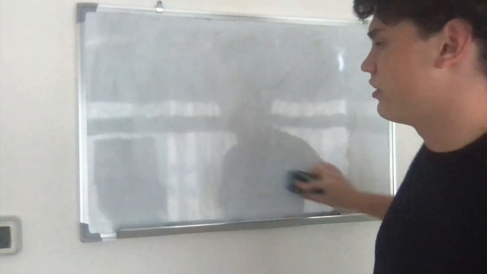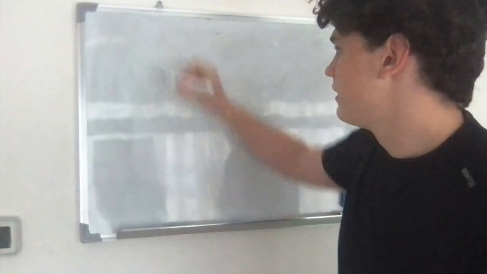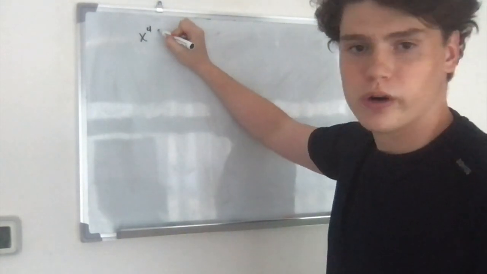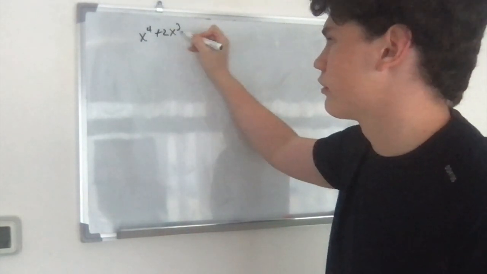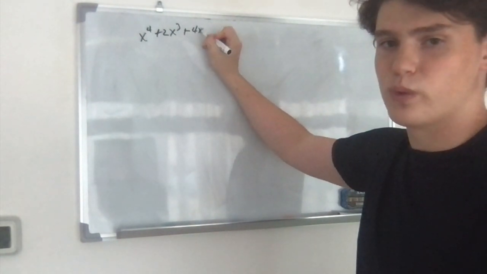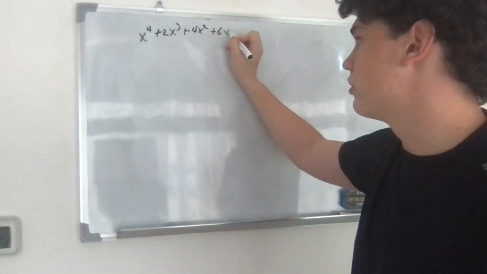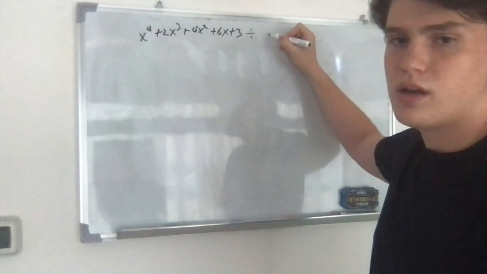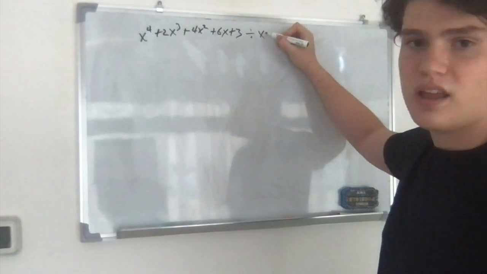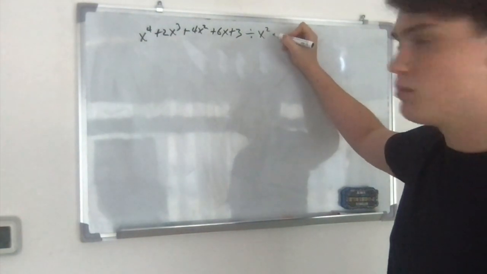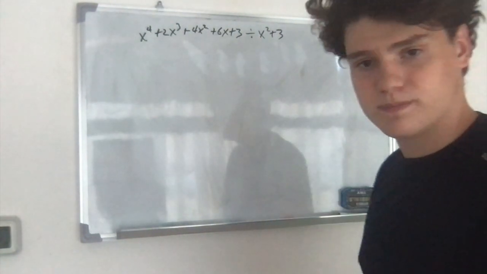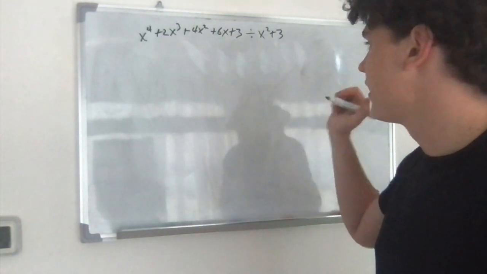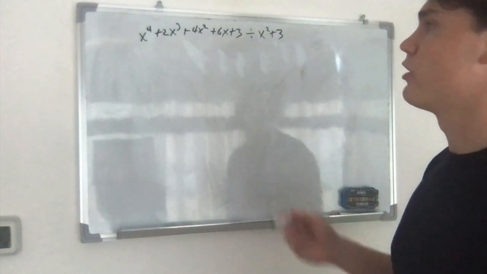So let's deal with a little bit harder polynomial: x to the power of 4 plus 2x to the power of 3 plus 4x squared plus 6x plus 3, divided by x squared plus 3. Now you're like, whoa, that's a big polynomial, looks quite hard.